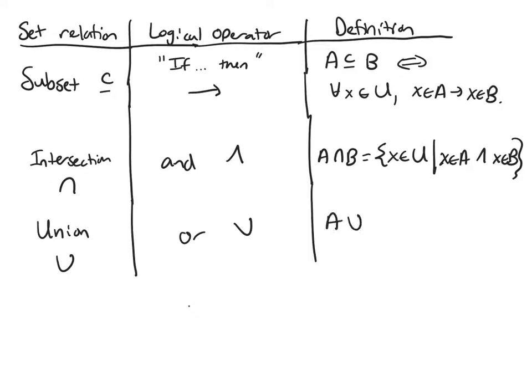So A union B would be x is in U such that x is in A or x is in B.